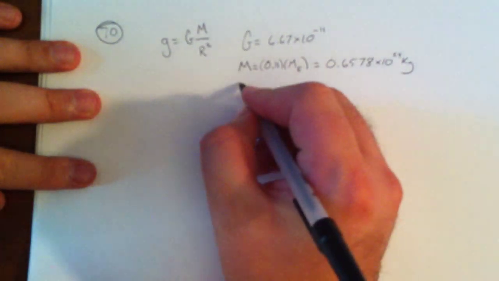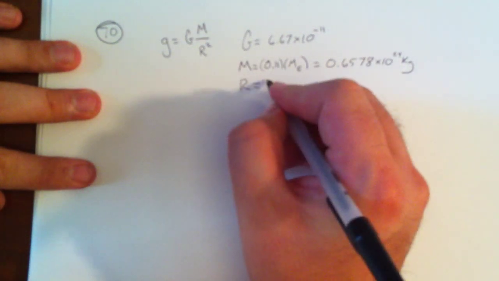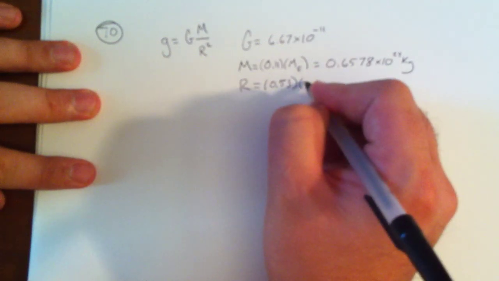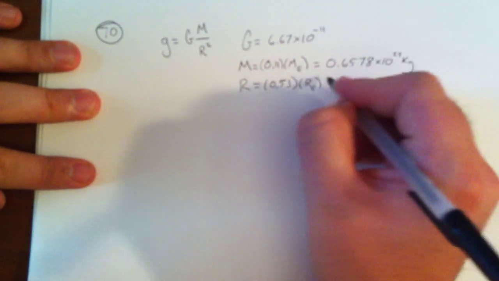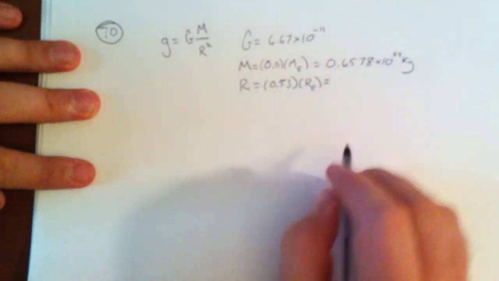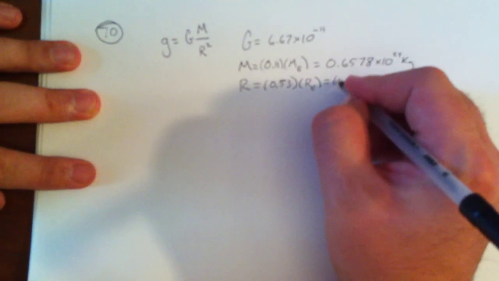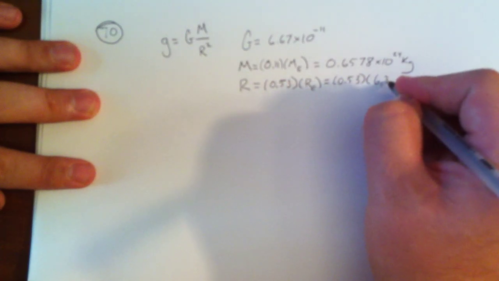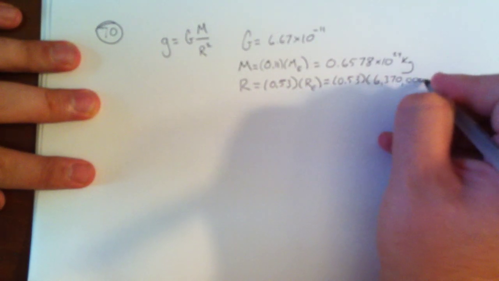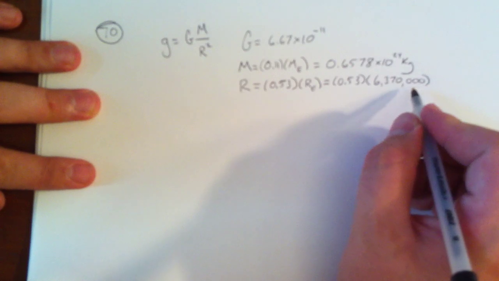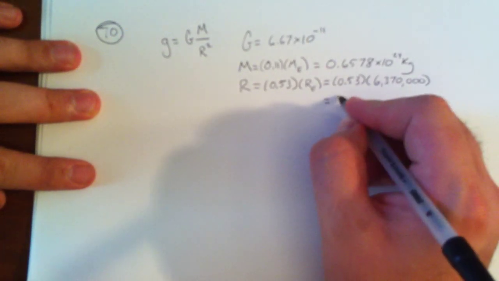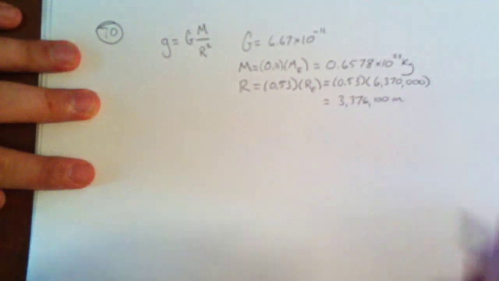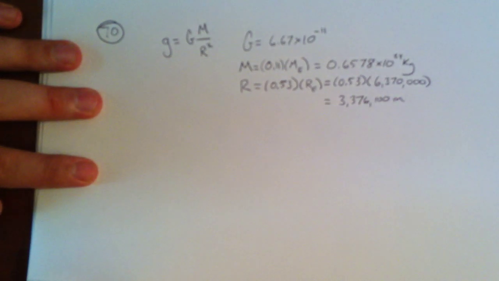Now we need the radius, and we know that that's 0.53 times the radius of Earth. The radius of Earth is given on page 85, so you get 0.53 times 6,000, and again I put this in meters instead of kilometers, so you end up getting 3,376,100 meters.